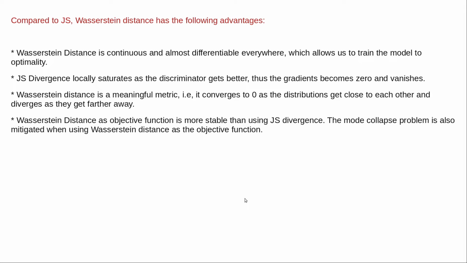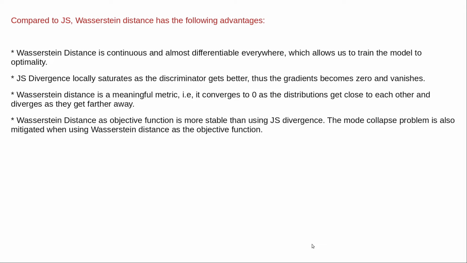Compared to the JS divergence or Jensen-Shannon divergence, the Wasserstein distance has the following advantages. The Wasserstein distance is continuous and almost differentiable everywhere, which allows us to train the model to optimality. JS divergence locally saturates as the discriminator gets better, thus the gradients become zero and vanish.